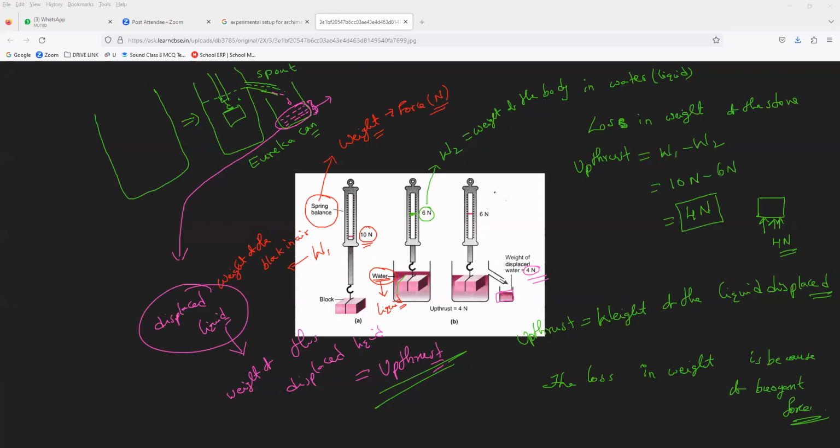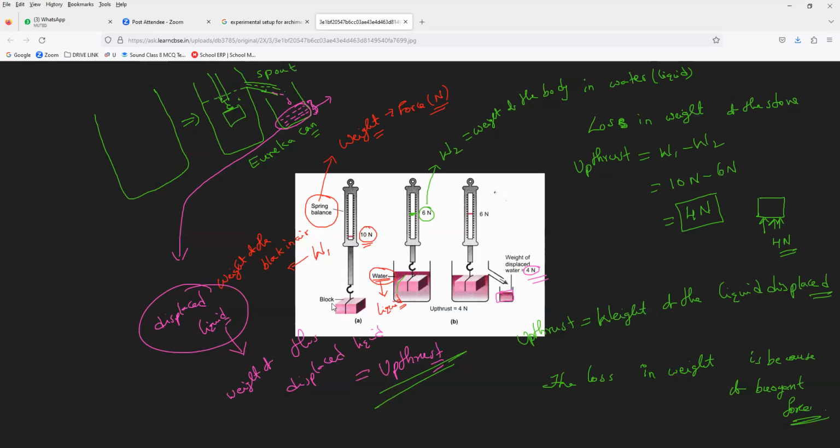This is the most important one, so you all should know. This is the experimental verification, so you need not face any difficulty. It's the simplest experiment. You can conduct it in your lab, but whether you will or not, I don't know. Definitely I will show it for some people. It is not a body, it is a block.